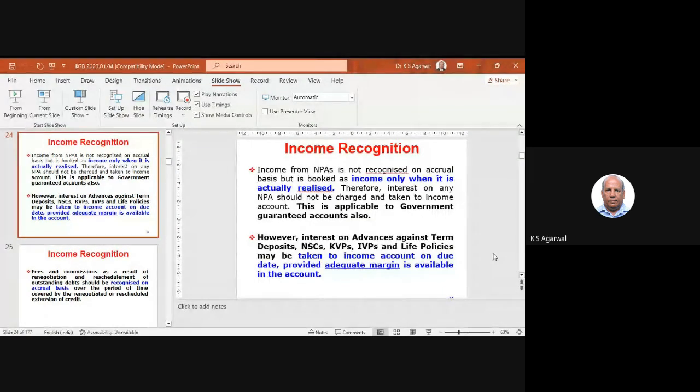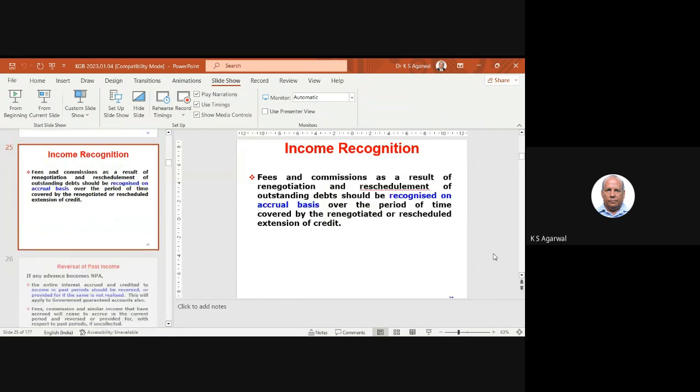So whether it is a central government guaranteed account or a state government account, for income recognition it is the same: income will be booked only when it is actually realized. But for advances against liquid securities, FDR and NSC, because if adequate margin is available these accounts are not treated as NPA, I can book income on accrual basis provided adequate margin is available.